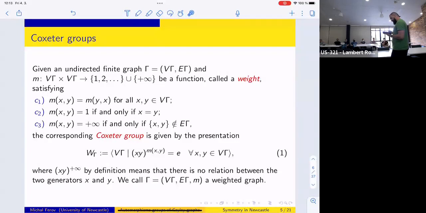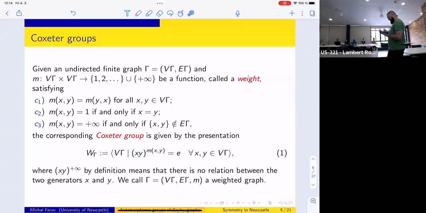But the idea is that I have some graph, and when I say graph, I usually mean simplicial, meaning that the vertices form a set and the edges are subsets of vertices of size 2, so there are no loops, the edges are unoriented, and there are no multiple edges. So that is a simplicial complex, or the graph is a one skeleton of a simplicial complex.